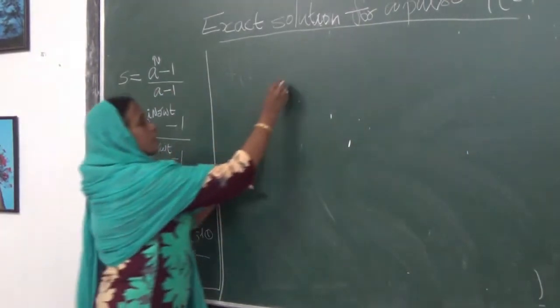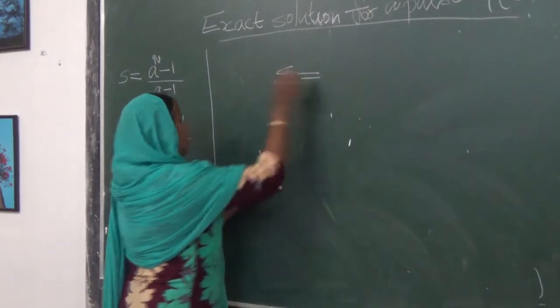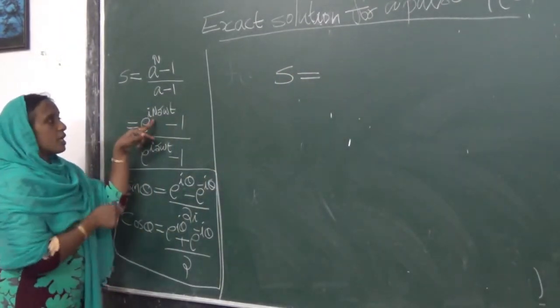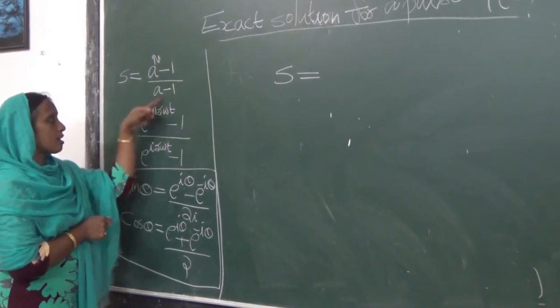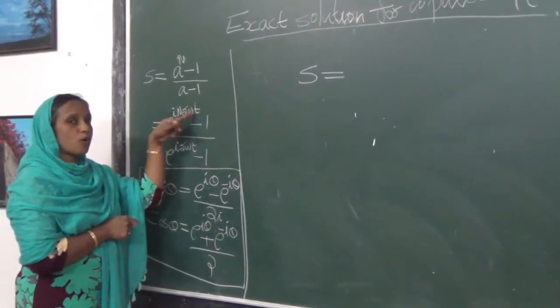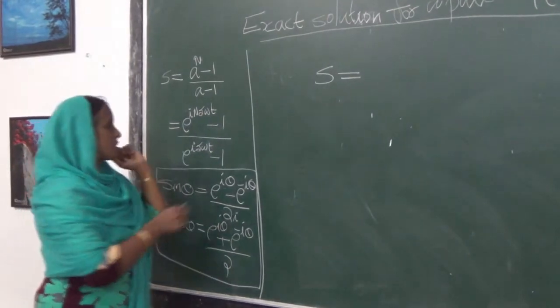So this S equal to e raised to i n delta omega t. We have to take e raised to i n delta omega t by 2 outside.